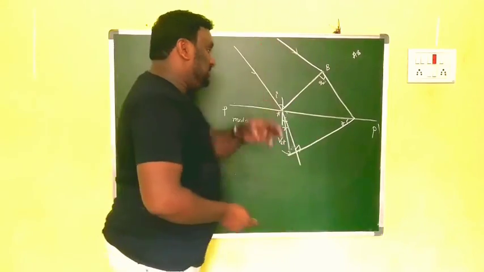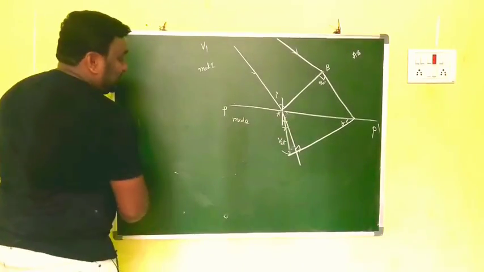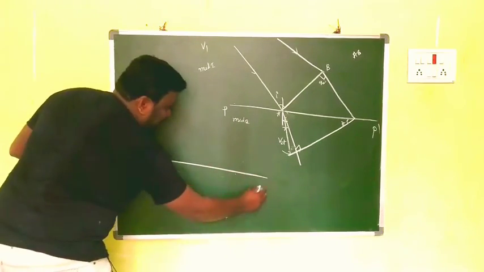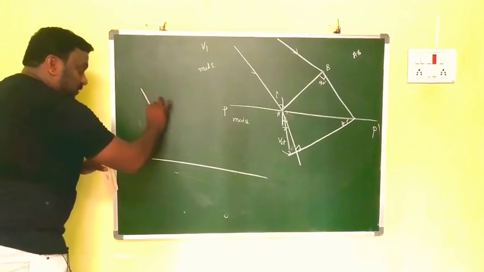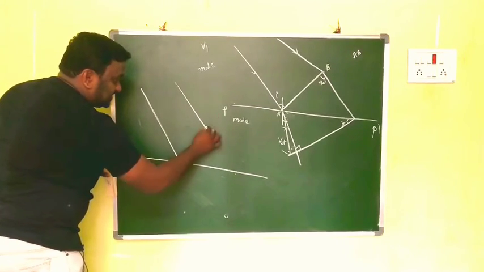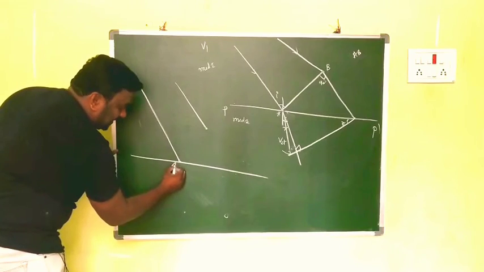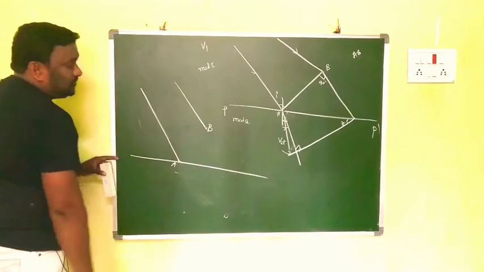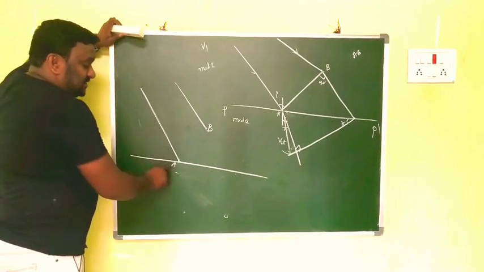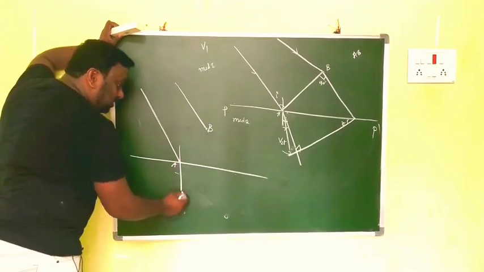Clear? After that, this is the interface, and this is one incident ray and here we have taken another incident ray, with one point A and another point B. Watch carefully. This is the first incident ray, so I am drawing one normal.